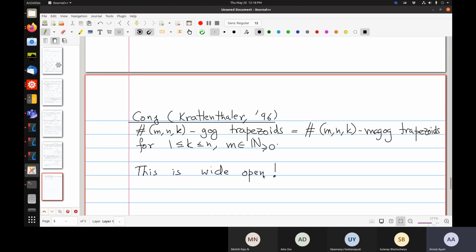None of the techniques for proving that n,k gog trapezoids equal n,k magog trapezoids seem to work in any straightforward way, although there is some progress. I should not make it sound completely despondent. The situation is not that bad, but the techniques have not so far worked. In particular, I should mention Ilse Fischer has made a lot of progress towards proving this, but has not proved it.